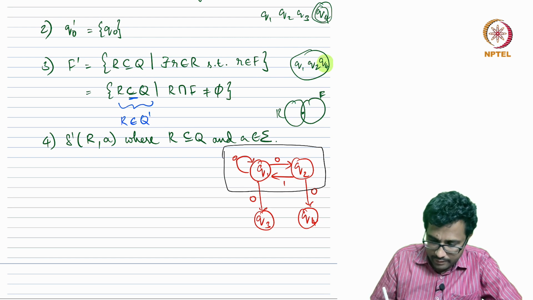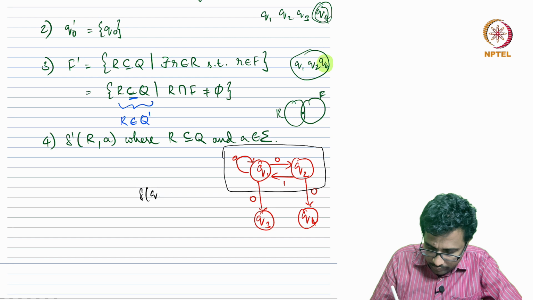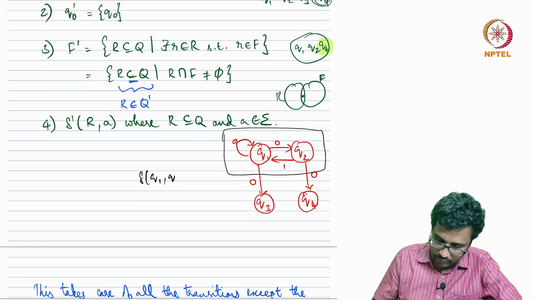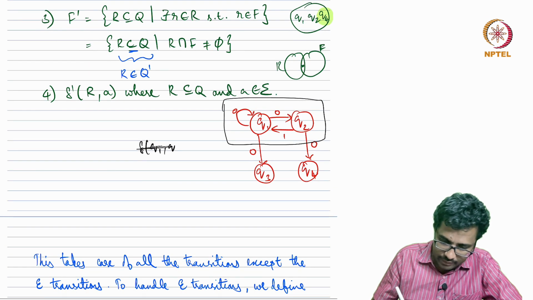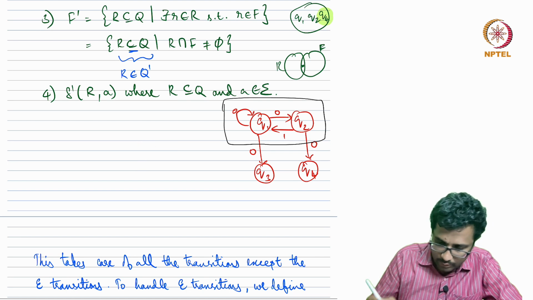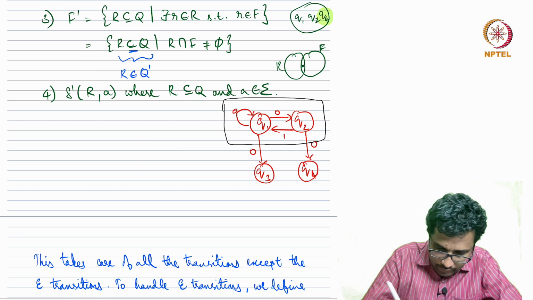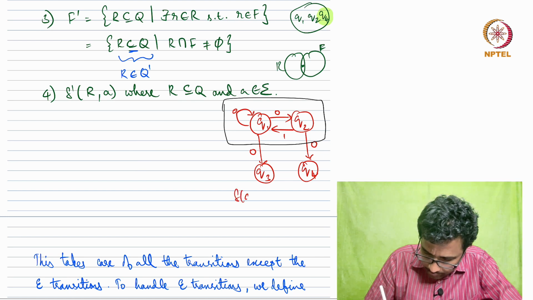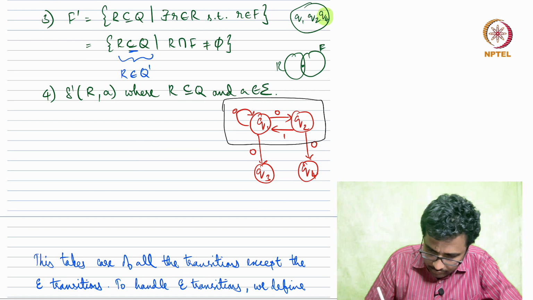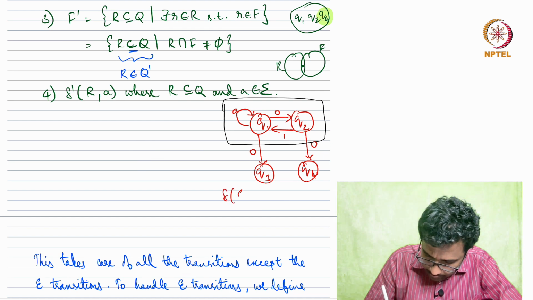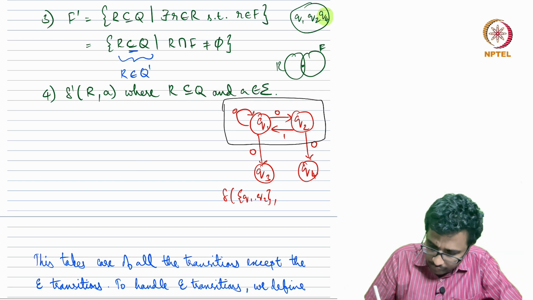Now in this case, what is delta of Q1, Q2 upon seeing the input 0?